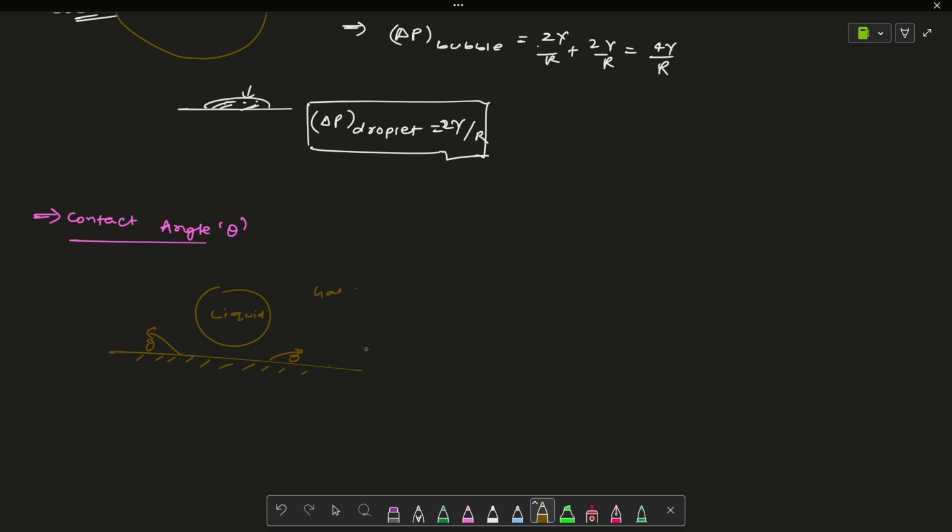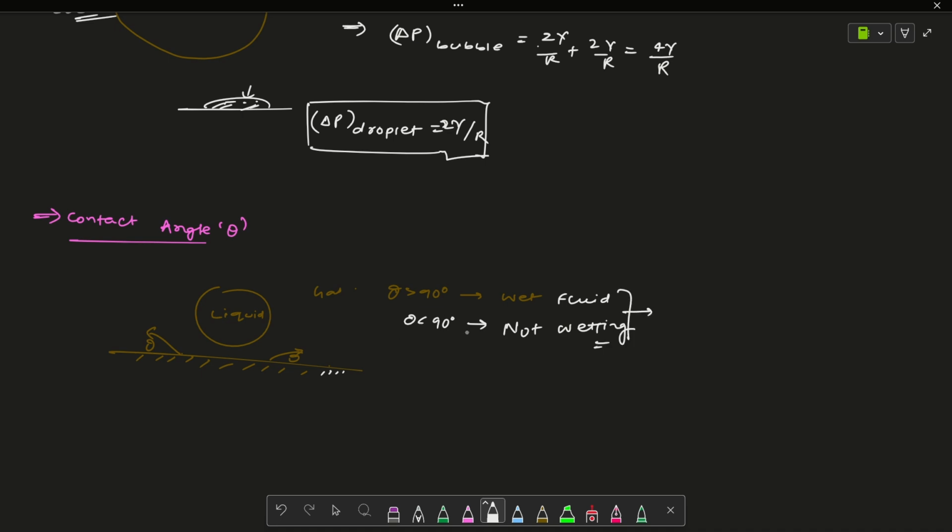We deal with both gamma and theta when dealing with force equilibrium or force balance. So when theta is greater than 90 degrees, we call it a wet liquid or the wet condition, that means the liquid will wet the solid. And when theta is less than 90 degrees, we call it a non-wetting fluid or condition.